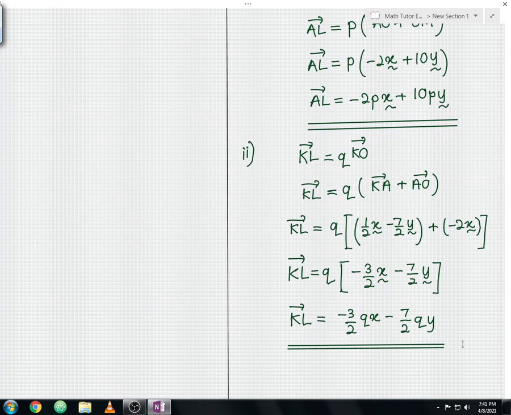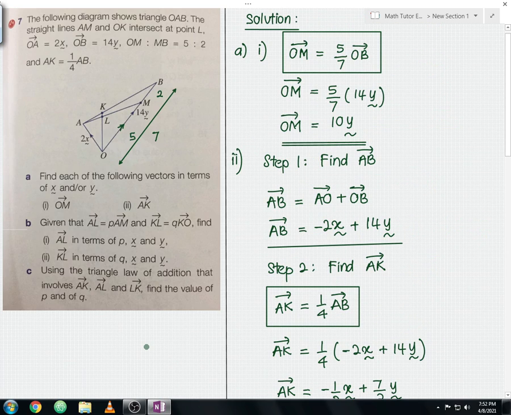Let us proceed our discussion for question C now. For question part C, by using the triangle law of addition that involves vector AK, vector AL and vector LK, find the value of P and of Q. So this is the requirement of the question. In this case, we are interested in this region over here. Can you see the letters A, K and L?